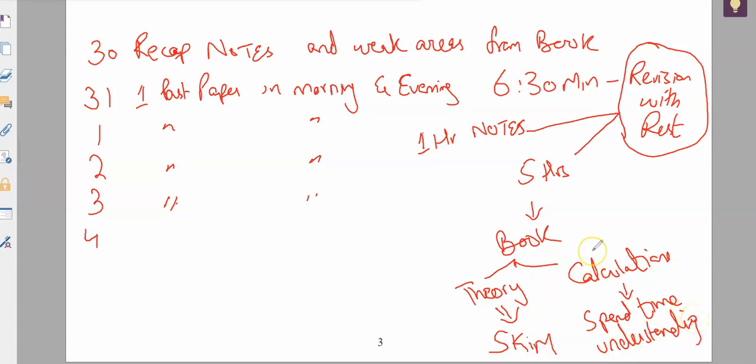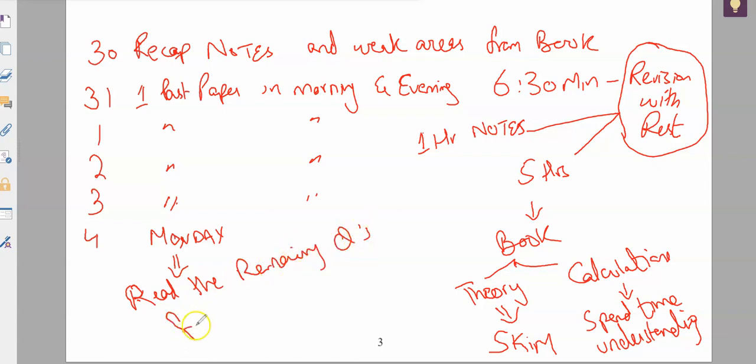Okay, so this is the plan which you should follow. And the 4th, that's Monday, the day before the exam. What you have to do on this day is read the remaining questions from the exam kit.